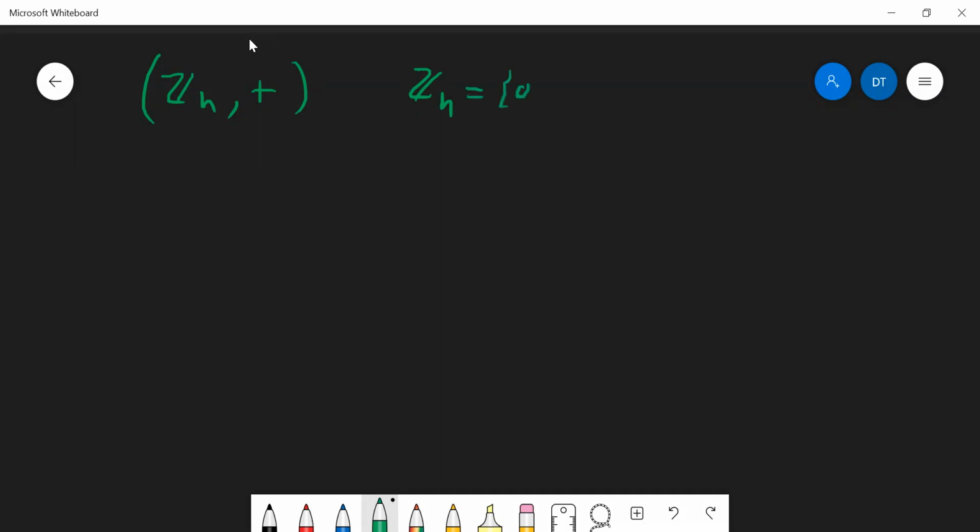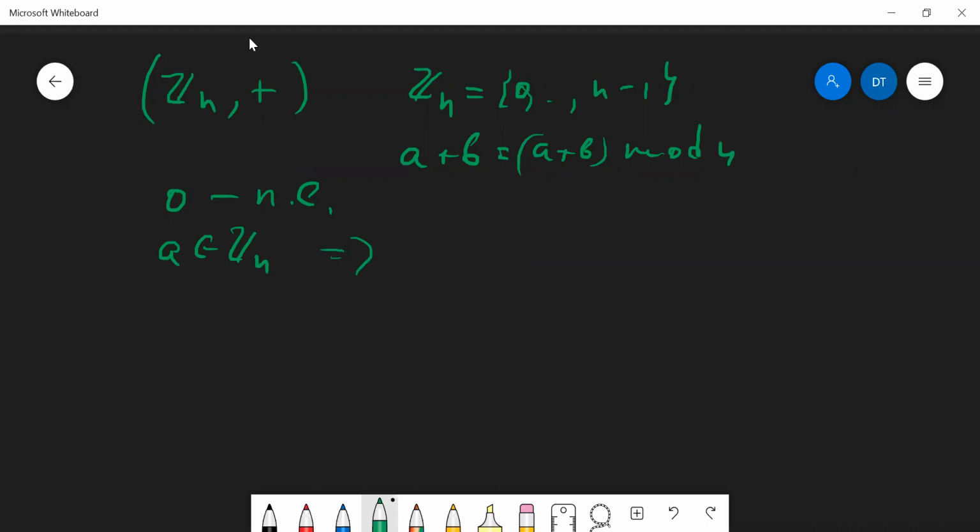I recall that this is the set of all natural numbers smaller than n, and the operation here is by definition addition modulo n. So the neutral element here is 0. I hope it's clear.